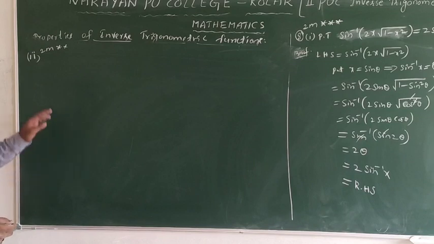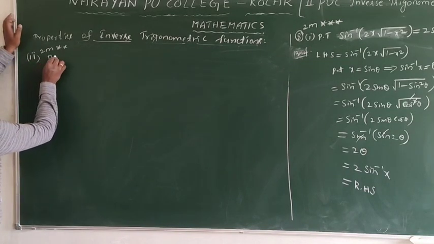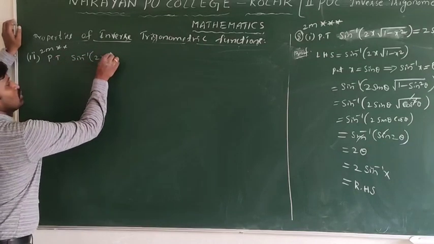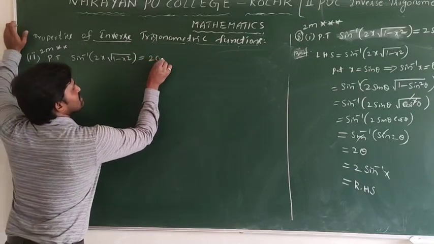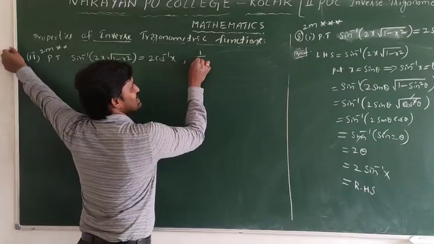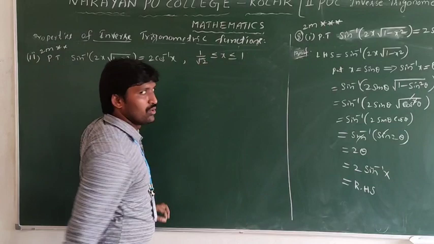Next, take the second one. This is also very important for 2 marks. Prove that the same sine inverse of 2x into root of 1 minus x square, we need in terms of cos inverse, equals 2 cos inverse x. Here the limitation is 1 by root 2 less than or equal to x less than or equal to 1.